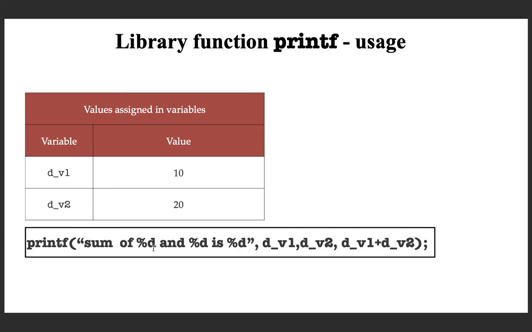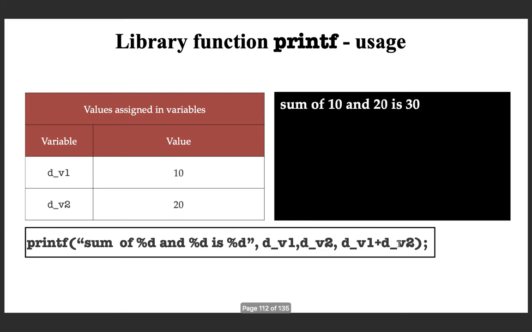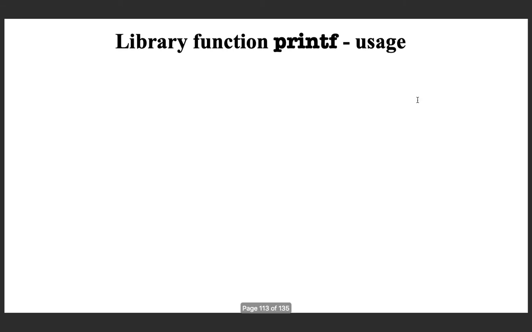Every %d will be replaced by a decimal value given by the expression here. So this is 10, this is 20, and this is 10 plus 20, 30. So you are getting sum of 10 and 20 is 30. Just do it and see how it prints.